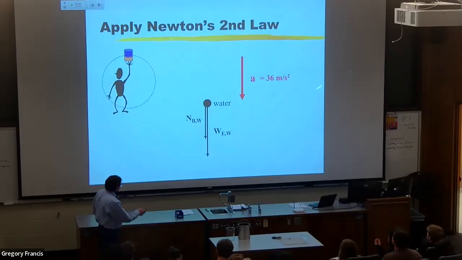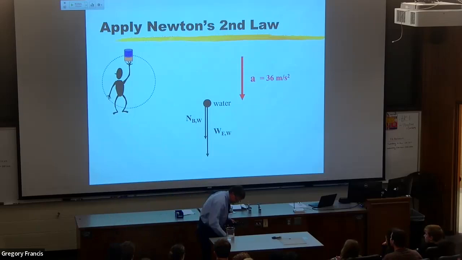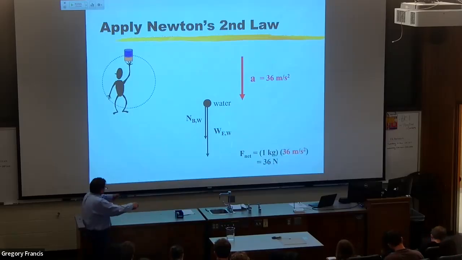With the acceleration of 36 meters per second squared, and that was about 1 kilogram of water, that's going to be a net force of mass times acceleration, or 36 newtons, downward. And a weight of 1 kilogram is just 10 newtons.